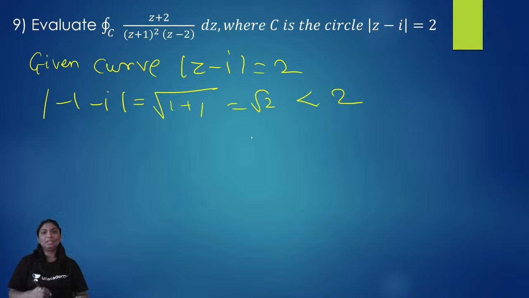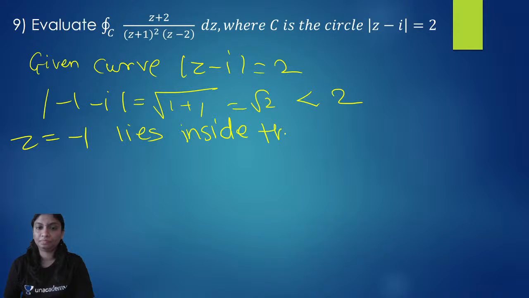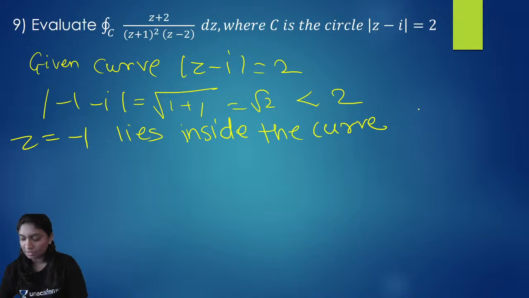So obviously z is equal to minus 1 lies inside the curve C.